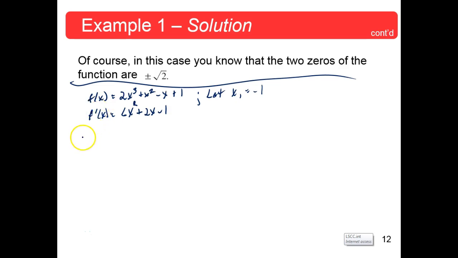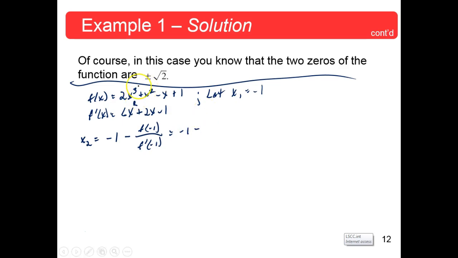All right, so our x sub 2 is going to be what? Minus 1 minus, now we need to plug in a minus 1 for, let's write it down, f of minus 1 over f prime of minus 1. So it'll be minus 1 minus, lots of minus signs here.